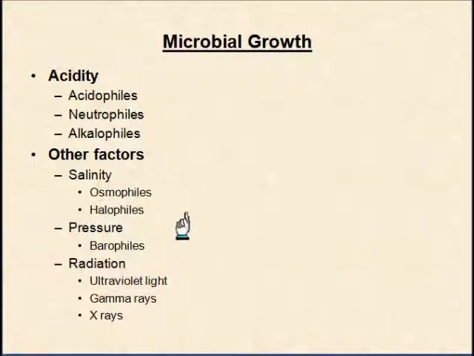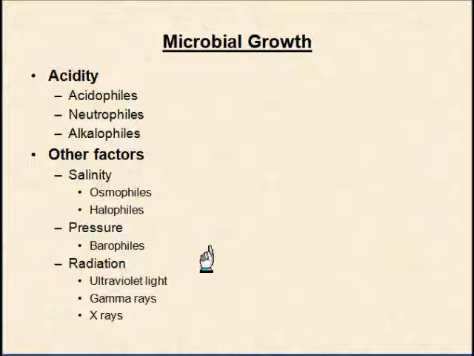Those would be osmophiles. Those are things that are going to grow in pond waters and things like that. And then there are halophiles, which are organisms that are going to grow in the oceans. They can grow in salt lakes. They can grow in the Dead Sea, depending on how tolerant they are or how much they like being in saline environments.